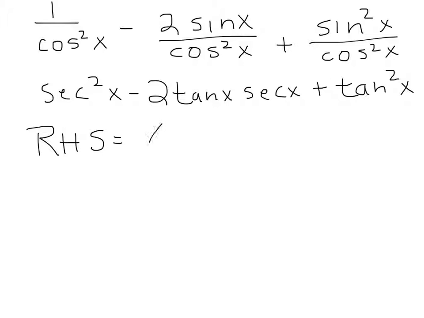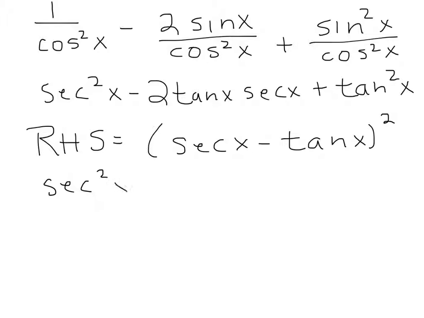The right-hand side was secant of x minus tangent of x, squared. And when I square that, I get the first term squared.